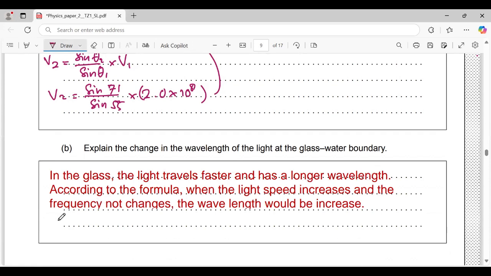According to the formula lambda equals C over F, lambda is the wavelength, C is the speed of light, and F is frequency. When the light speed C increases and the frequency F does not change, the wavelength will increase. I think that is clear.